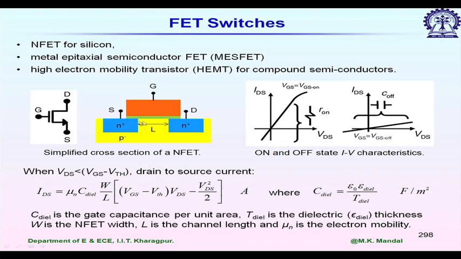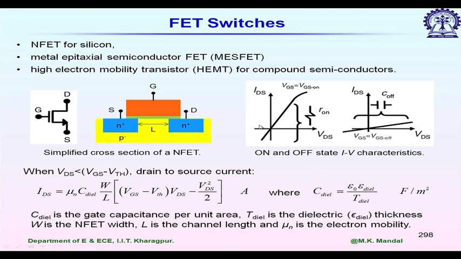In general, we can represent a MOSFET by this. This is a 3 terminal device. If we neglect the body terminal, then we have source, drain and gate. The control voltage is applied at the gate terminal.